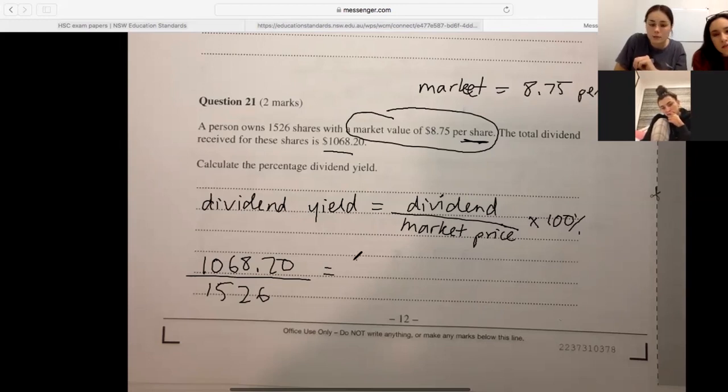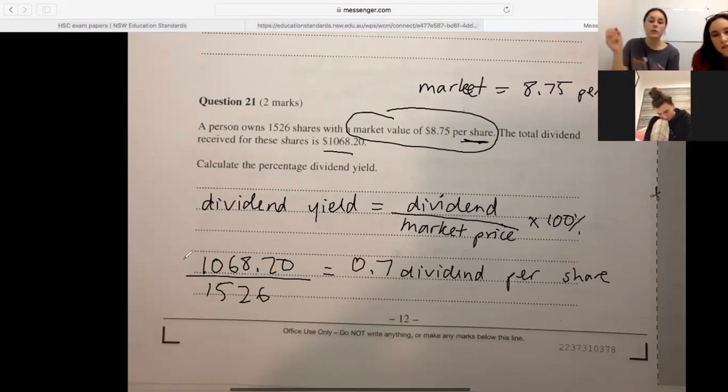And then this will give us 0.7 dividend per share, because the $1,068 was the total dividend for all the shares, but if our market value is in per share, we have to convert the total dividend to dividend for each share. Does that make sense? Kind of, yeah.